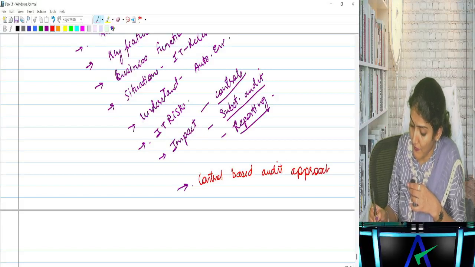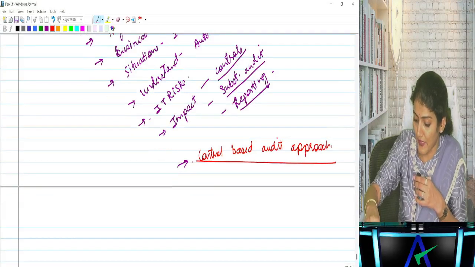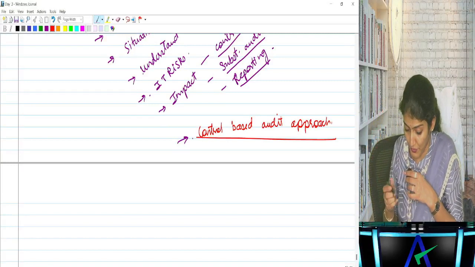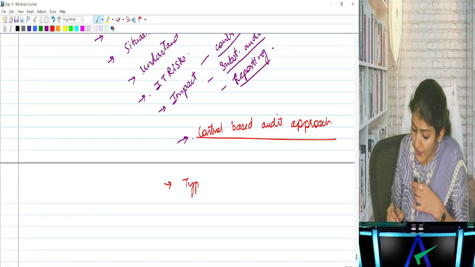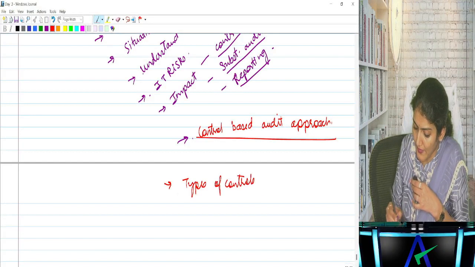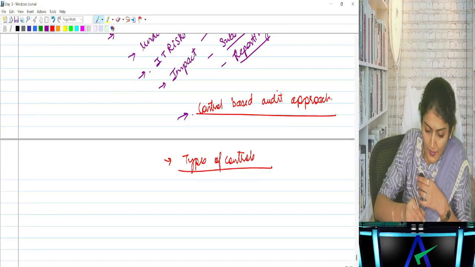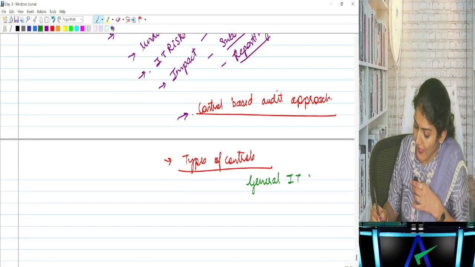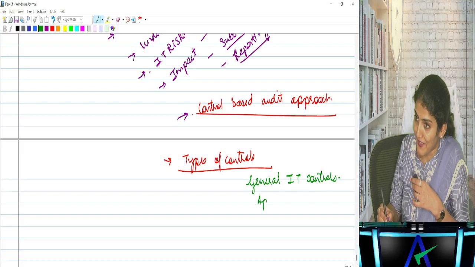Right, so now we talked in 315 about the risk based audit approach. Now here we talk about the control based audit approach. Then they also talk about the types of controls in an automated environment. What are the three types of control that they talk about? The general IT controls. After general, it's not specific, it is application control.